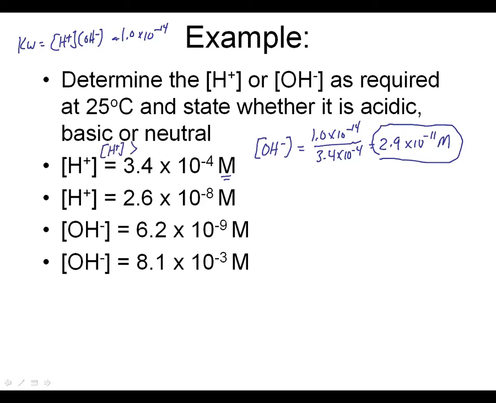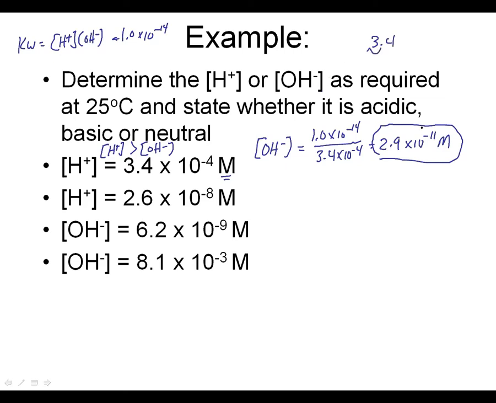Sometimes people have a little trouble with that aspect of it, and it has to do with the exponents. When we compare the H plus concentration here, times 10 to the minus 4, versus a number that is times 10 to the minus 11, even though 11 is larger than 4, the negative is really important here. The negative means when we take the 3.4, we're going only 4 places this way.